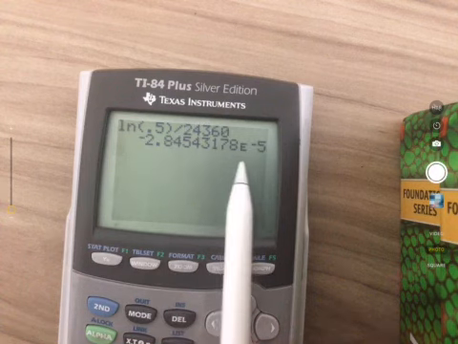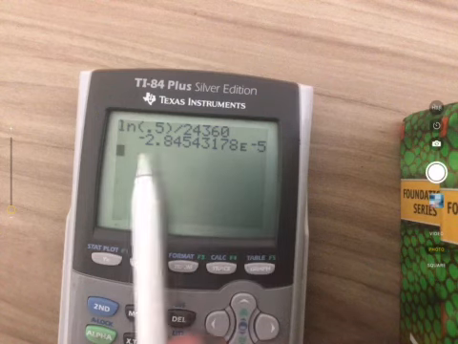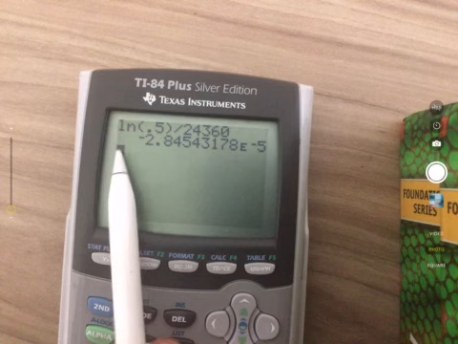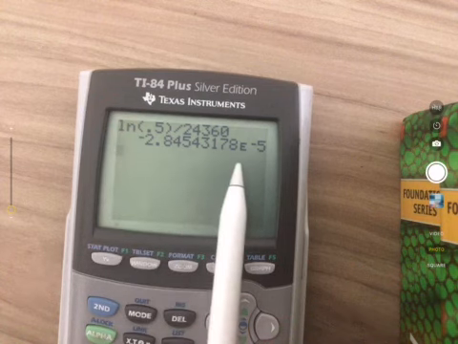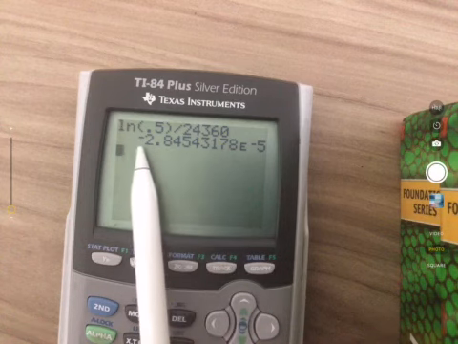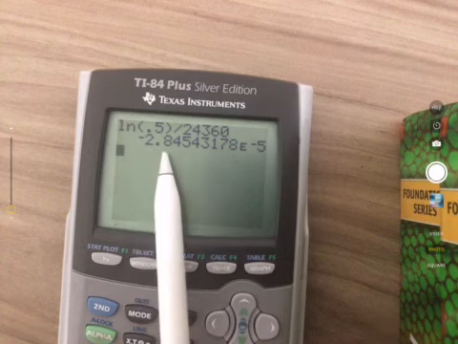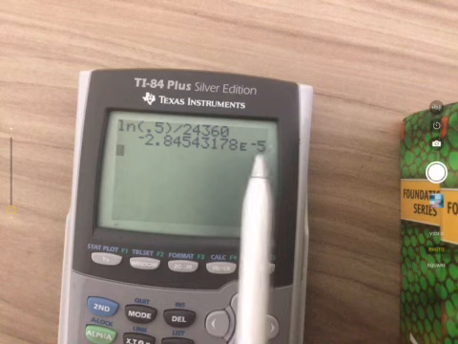For instance, if I'm typing in the natural log of 0.5 divided by 24,360, remember that E means you have this number, but with 5 zeros in front of it. So that's really like negative 0.0000002, all of this. In other words, a very, very small number. I would just write this as negative 2.85, rounded, times 10 to the negative 5.